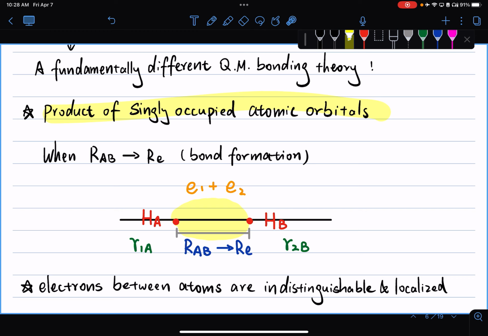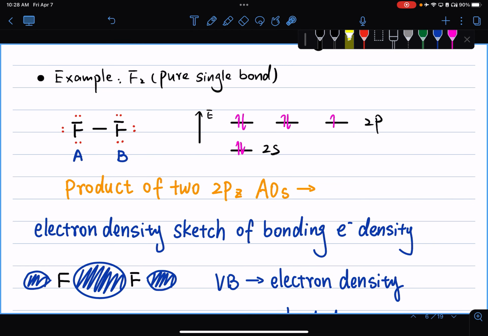Let's look at an example. This is a little bit too theoretical for our taste as organic chemists, so let's use F2 as an example. What does that mean? Here is the electron configuration of an F atom. Each fluorine has the electron configuration of helium 2s2, 2p5, with one singly occupied 2p atomic orbital.